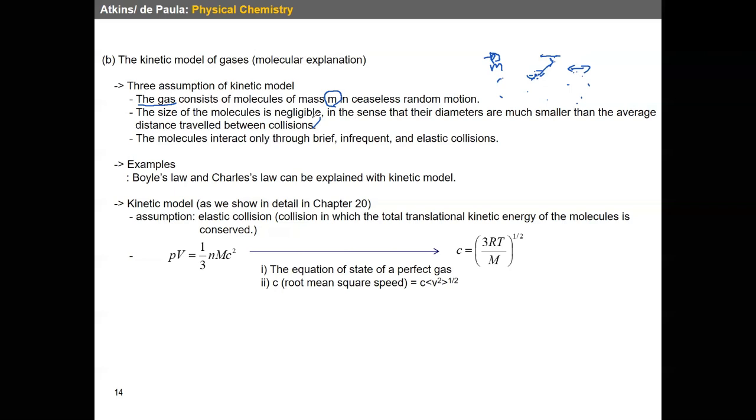And the third thing is that the molecules interact only through brief, infrequent, and elastic collisions. The important thing is the elastic collision. What does it mean?